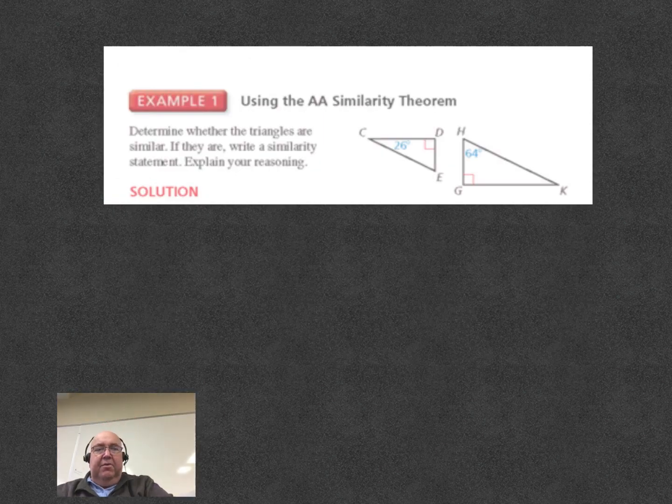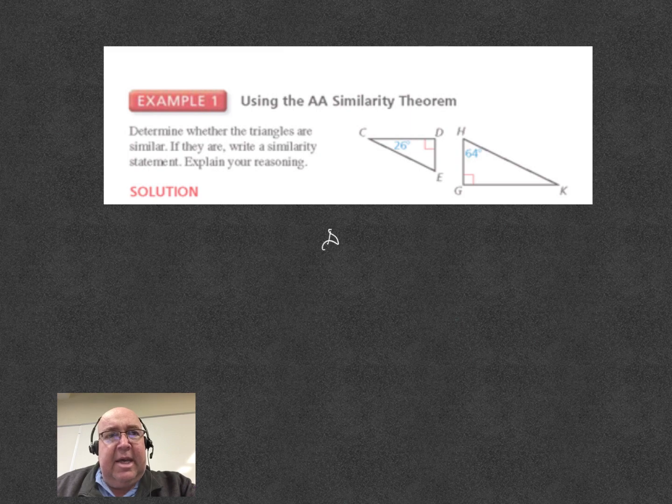Alright, we have two right angles, so we do have a right angle similar, and we have an angle in triangle EDC.